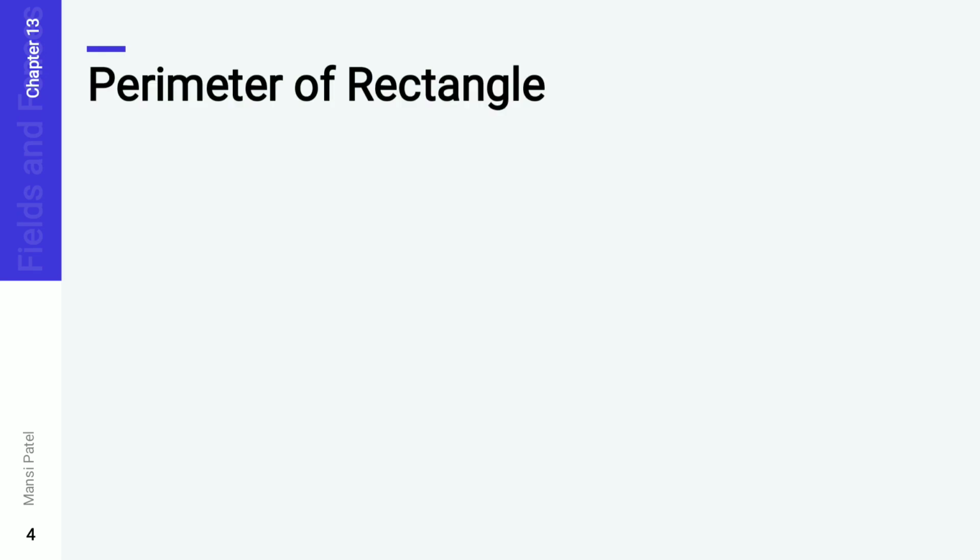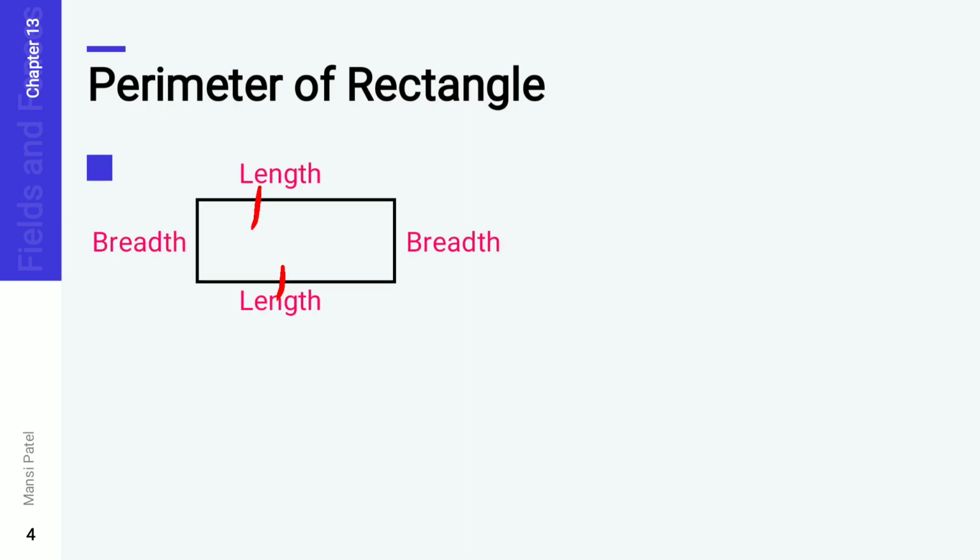Now what about the perimeter of a rectangle? See here, this is one rectangle. In a rectangle there are 4 sides, but all 4 sides are not equal. You can see here, these two sides are equal, this one and this one, whereas the other 2 sides are equal. So the lengths are equal, and the line which is short is known as its breadth.